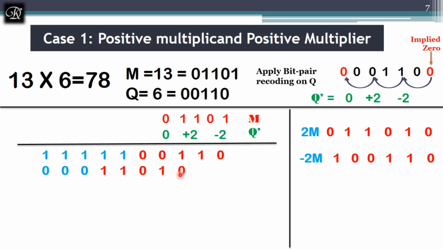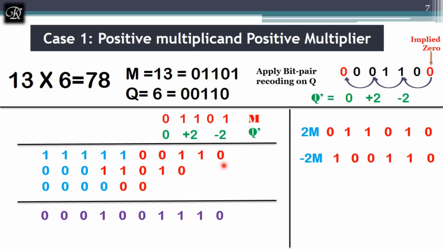Now you can see this is 26, and 26 is having a positive sign, so we are going to extend it with zeros. Next I am having 0, again leave 2 spaces and write zeros. After that, the final product.